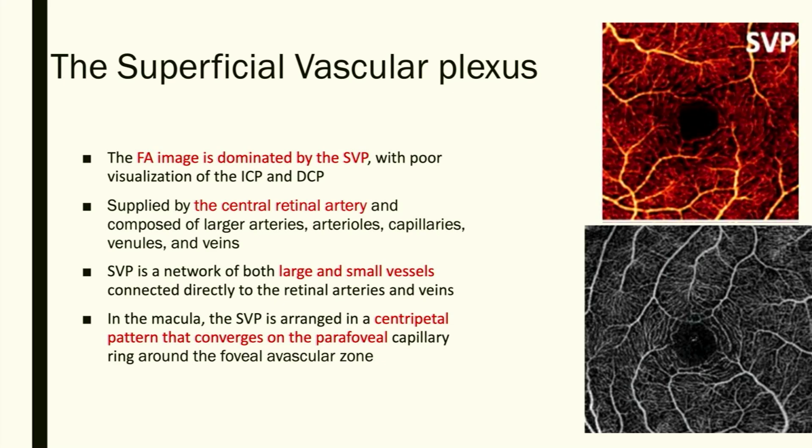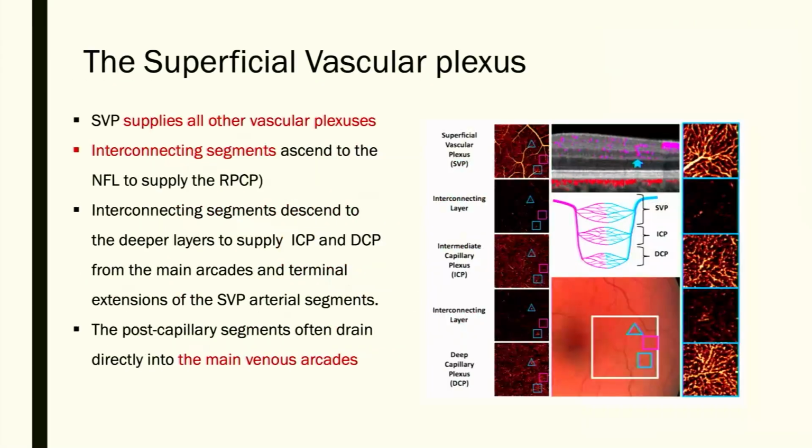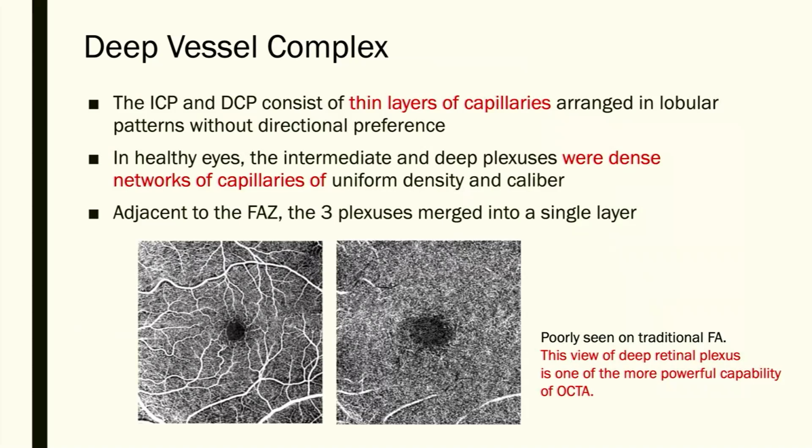All of us are very used to it because fluorescein angiography has always shown us only the superficial vascular plexus. So the superficial plexus is similar to the fluorescein angiogram. Okay? And the superficial plexus actually supplies the deep plexus as well as the radial plexus. The vessels from it go deeper to go into the deep plexus and superficial to go to the nerve fiber layer and the radial plexus.